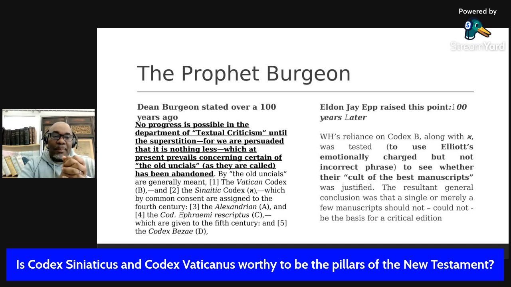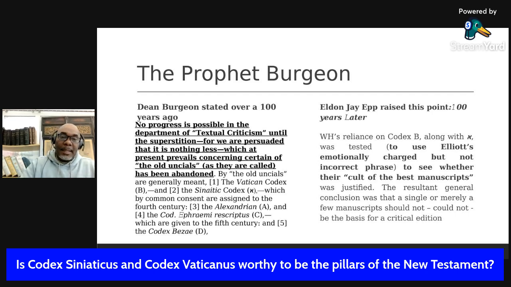Now look what Eldon J. Epp, top scholar, said: Westcott and Hort's reliance on Codex B along with Aleph was tested, to use J.K. Elliott's emotionally charged but not incorrect phrase, to see whether their cult of the best manuscripts was justified. He used the term cult. Burgon called it superstition. The resultant general conclusion is that a single or merely a few manuscripts could not be the basis of a critical edition.